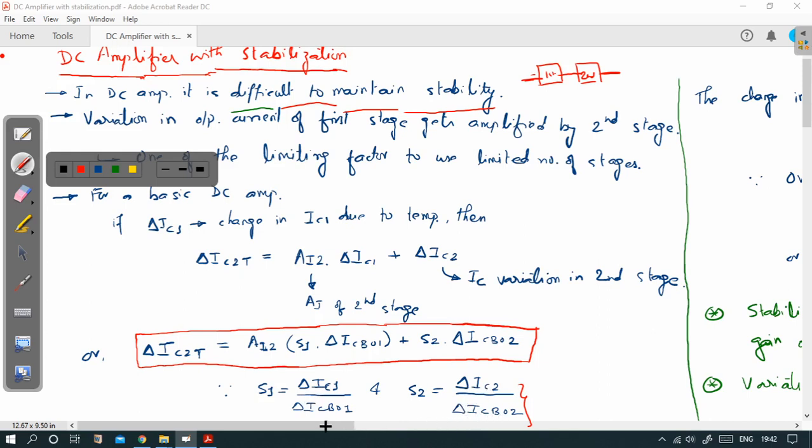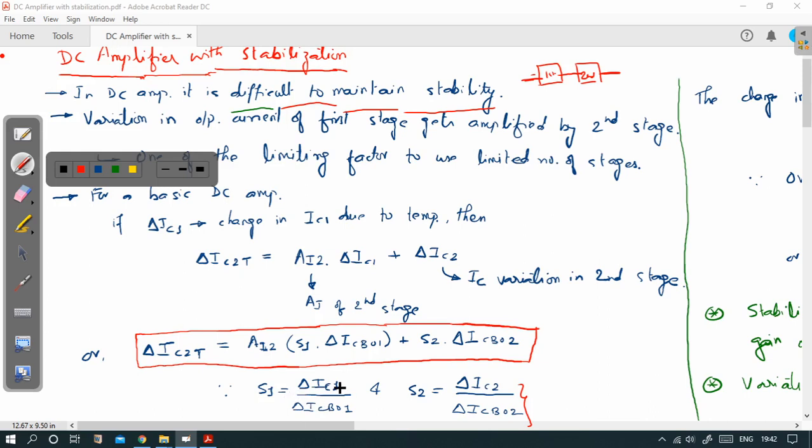We know that ICBO is the leakage current; ICBO2 is the leakage current in second stage, IC1 is the collector current in first stage, IC2 is the collector current in second stage, and note that this delta will denote the change or variation in these parameters.